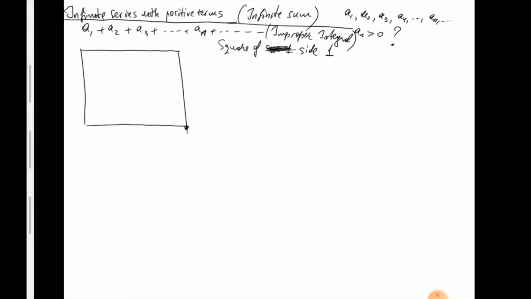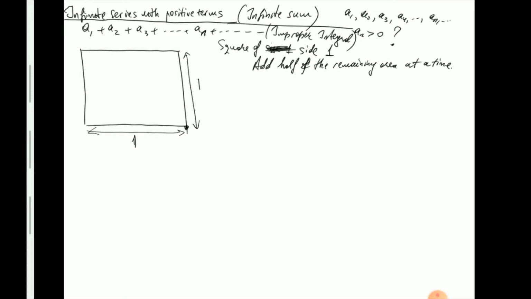So the length of each side is equal to 1. And I'm going to actually compute or add up pieces of the areas of this square in a certain pattern. What I'm going to do, I'm going to basically add half of the remaining area at a time.